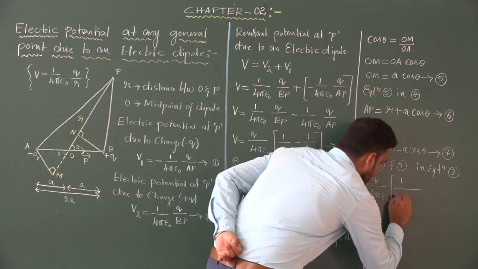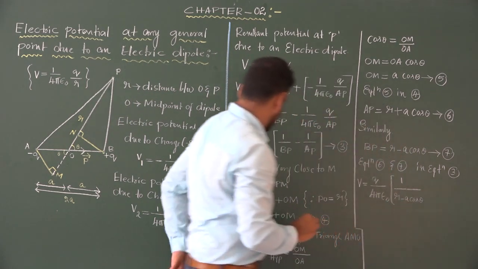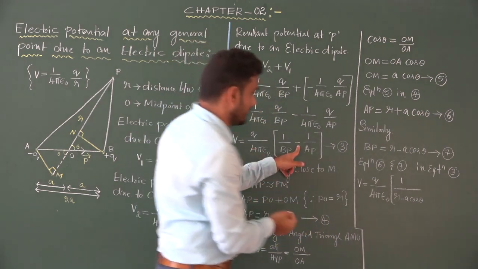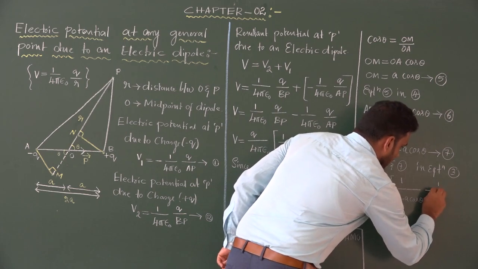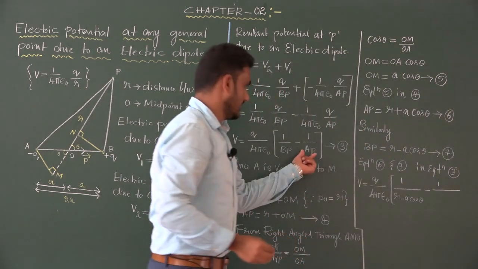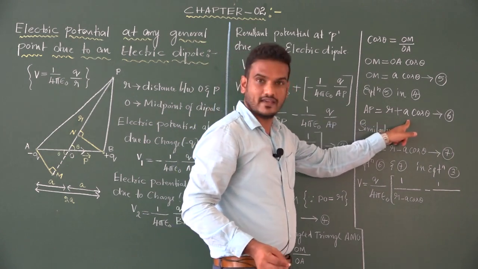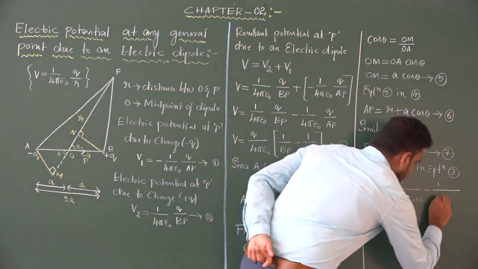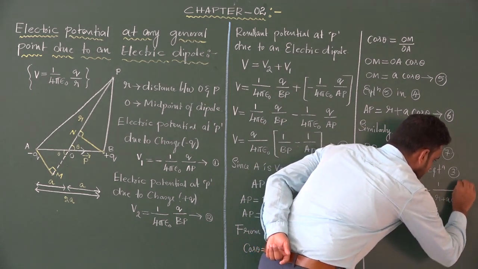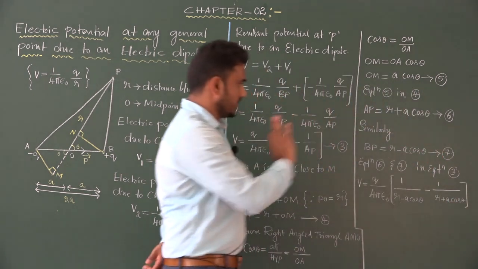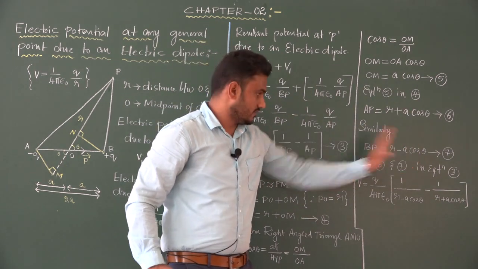Then minus 1 divided by AP. What is the AP value? We have R plus a cos theta. So we substituted equations 6 and 7 in equation number 3.